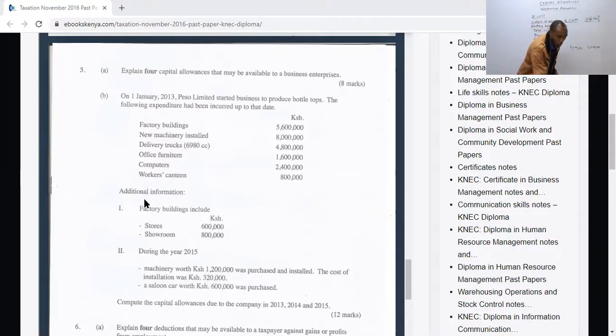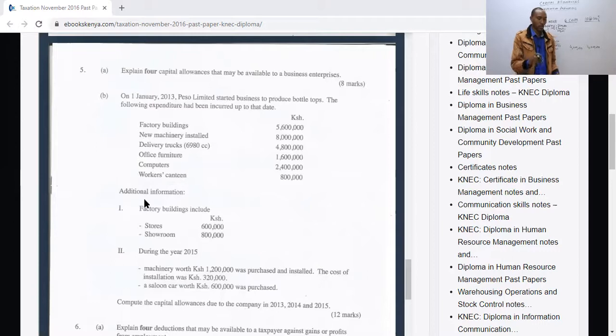So out of those in the year 2014, remember we are doing the year 2013, sorry. For the year 2013, the additional information for 2015, we are not using it here. We shall also create one for 2014 and 2015 according to our question. So we are not touching the information on 2015. We are only dealing with 2013.